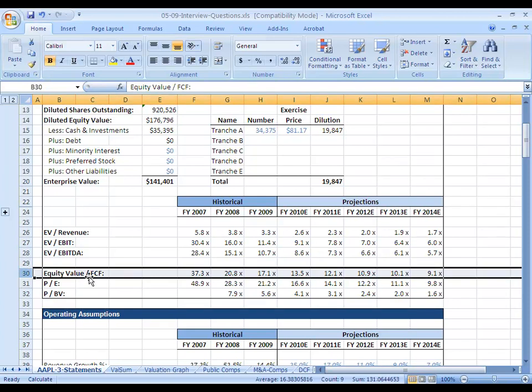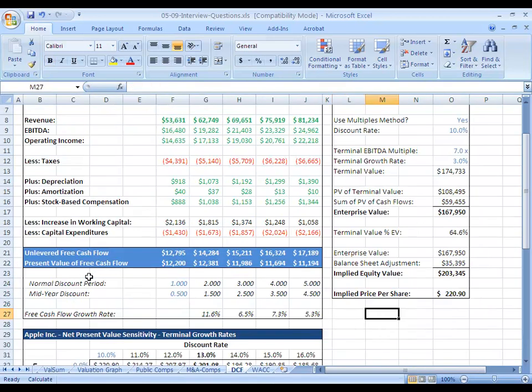Because levered free cash flow reflects what is only going to the equity shareholders, whereas unlevered free cash flow reflects what could potentially go to both debt and equity investors as well as preferred stockholders. So the short answer is that going along with that theme, in a DCF, unlevered free cash flow gives you enterprise value, whereas levered free cash flow gives you equity value.